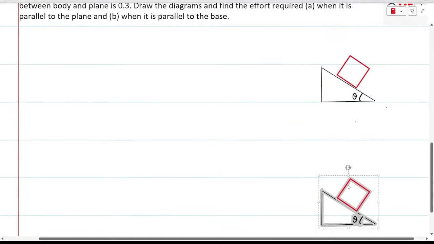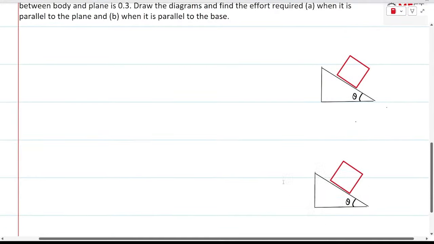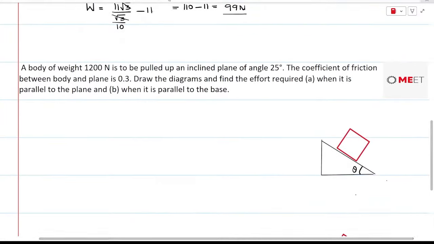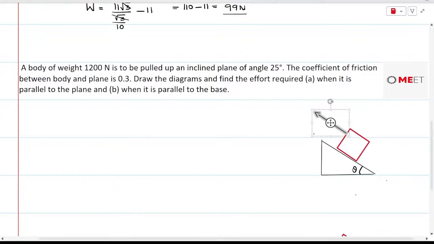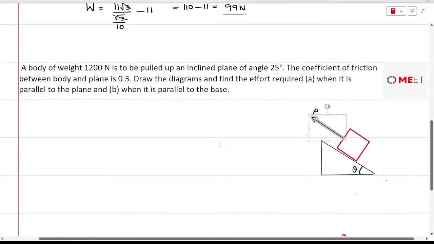That means the force is horizontally imposed on the block. So let me draw the force. This is the force along the inclined plane. Let me call this P. And in the second case, the same force has been applied parallel to the base. That is, the force is horizontal.